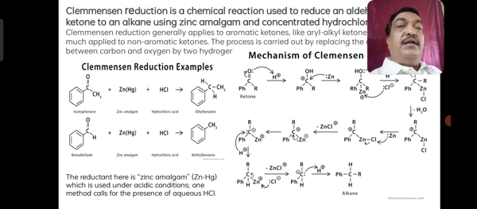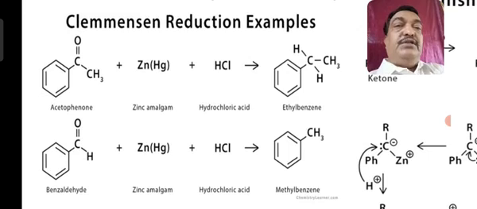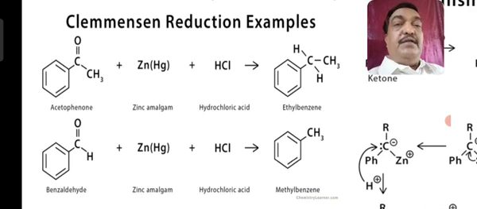But for our Clemmensen reduction, when an aldehyde or ketone is treated with zinc amalgam, so amalgam, it is a friendship between zinc and Hg. They are good friends. That is called an amalgam. So amalgamated zinc and mercury is dissolved in HCl. Here what happens? Zinc will react with HCl to form zinc chloride, and hydrogen will be liberated.